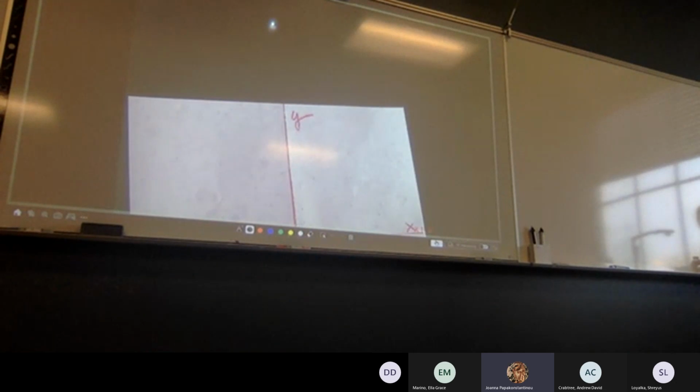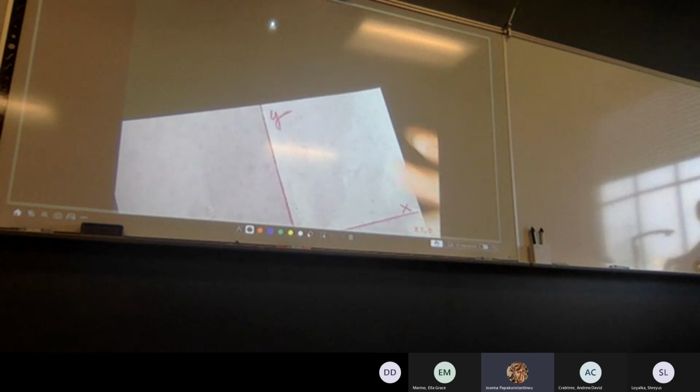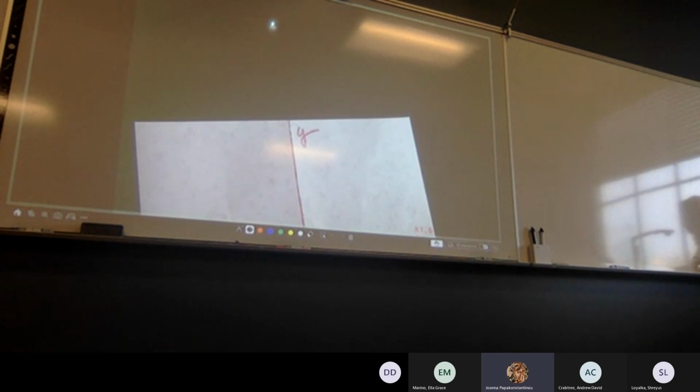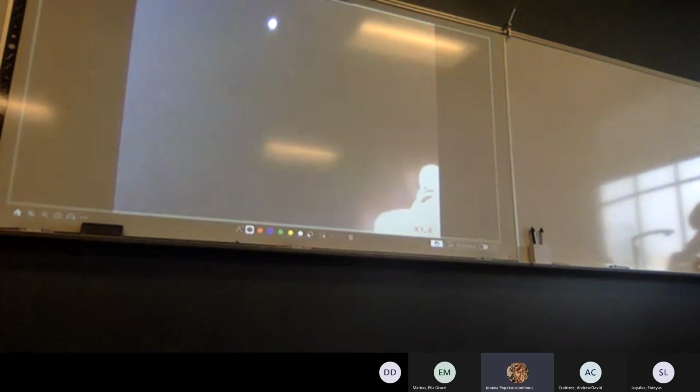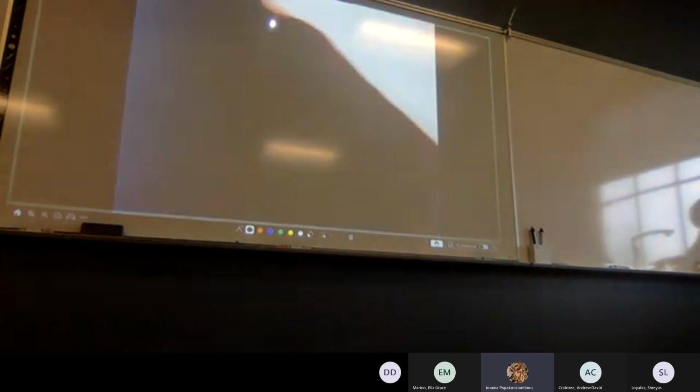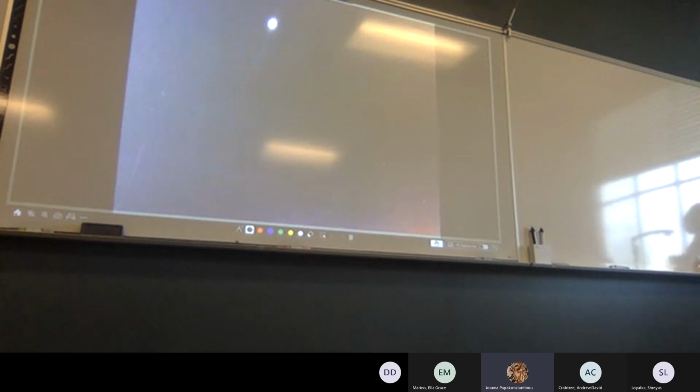So I labeled my axes. Now I'm going to carefully fold my sheet of patty paper to form the line y equals x. If I want to form the line y equals x, how am I going to fold it? Diagonally, right? So now I have the line y equals x.